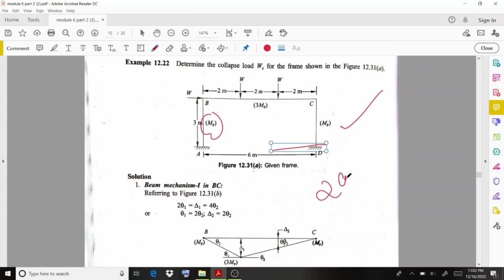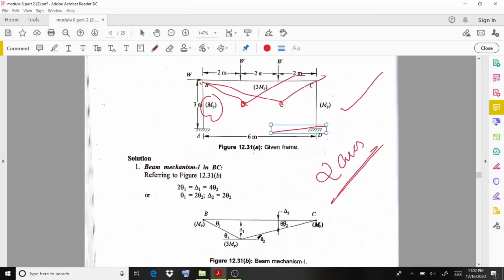First of all you consider the plastic hinges under the first load W, then after that under the second load W. If you consider the first load W, at a distance of 2 meters from the support B, the figure will look in this way: MP at B, 3 MP under this load W, and at C it is going to be MP.